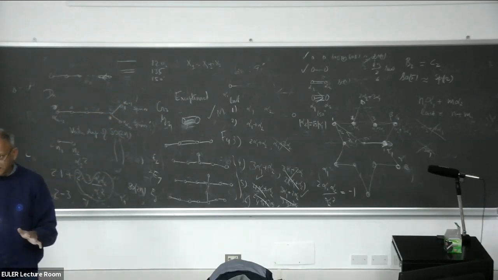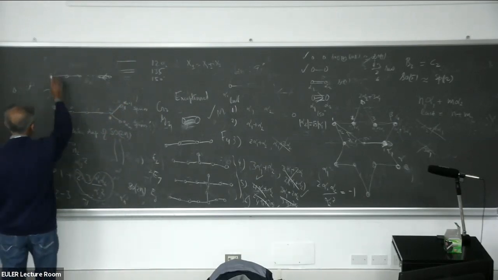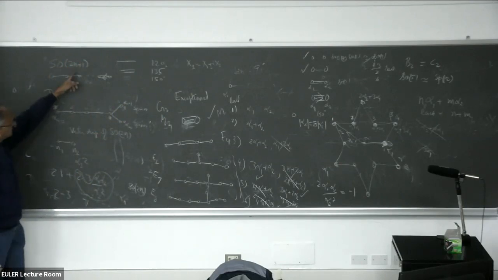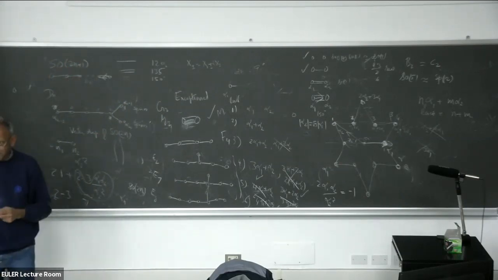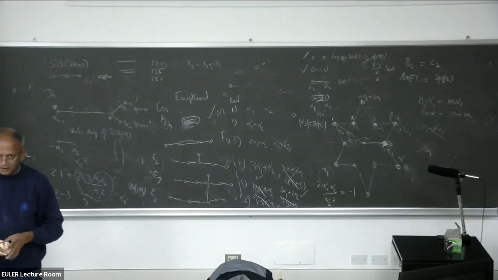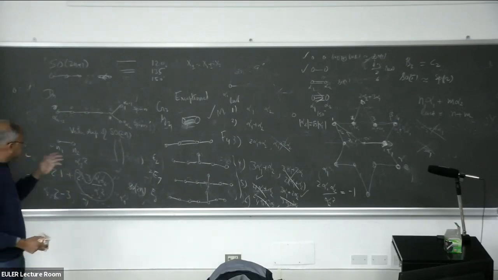This is SO(2n+1), where n is the number of points here. Chirality is a concept only in even dimensions. So in odd dimension, there's only one type of spinor. There's no question of chirality.